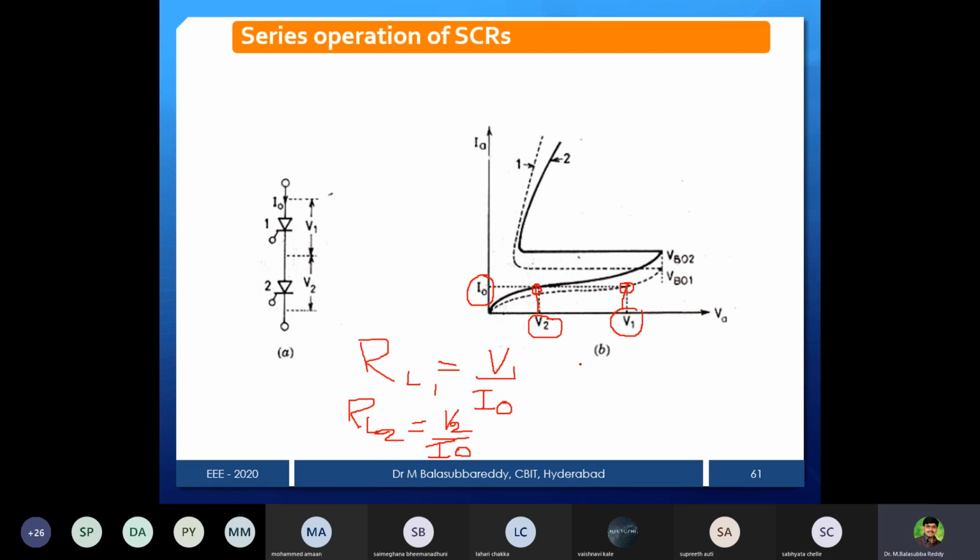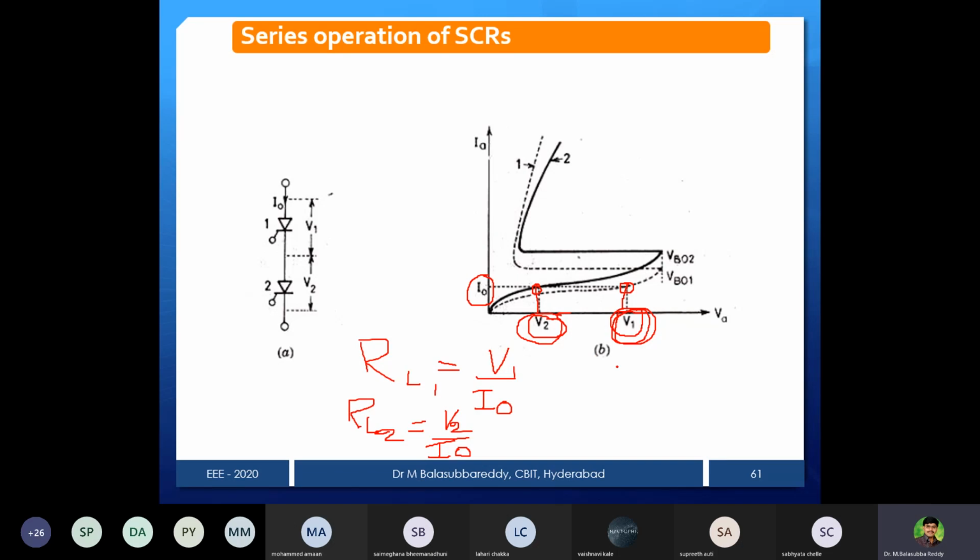Because the leakage resistance of SCR1 is high, it will block the high voltage, because that leads to a drop, that is only the blocking voltage. That is the reason SCR1 carries more voltage, or blocks more voltage, and SCR2 blocks less. But I want to make it equal.